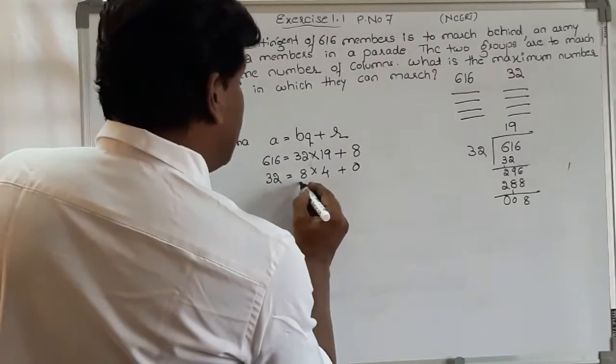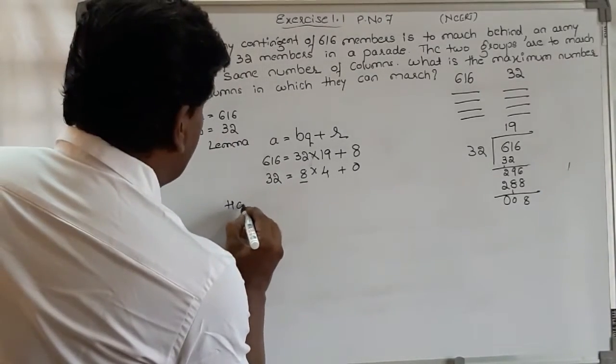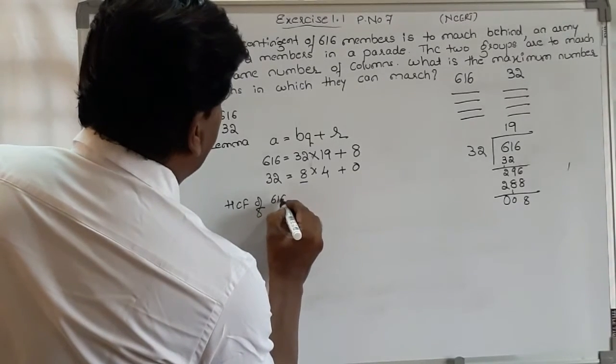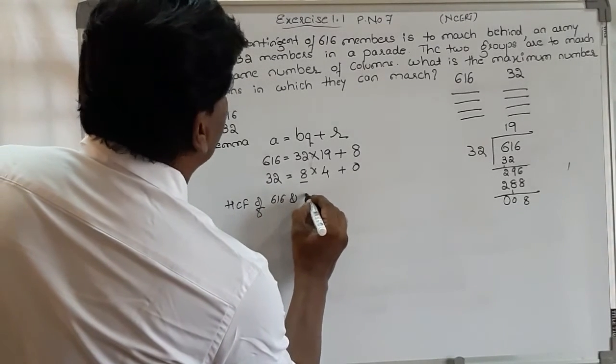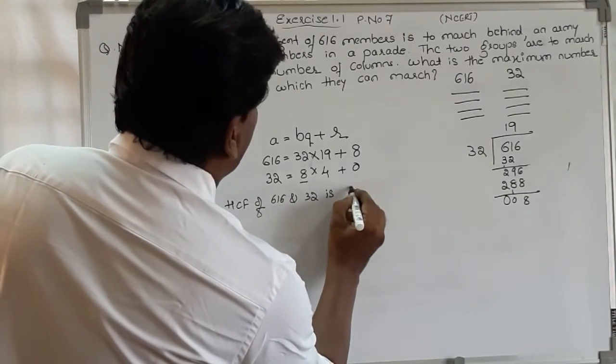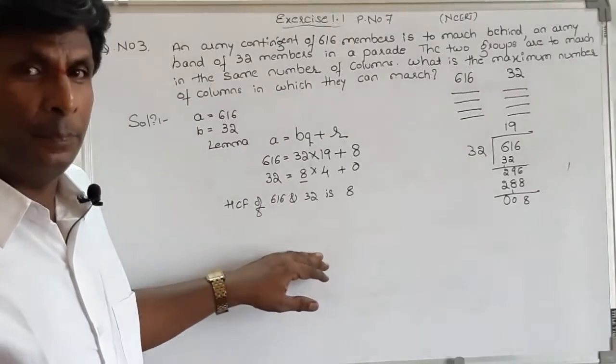Then our HCF is 8. So the conclusion is that the HCF of 616 and 32 is 8. But it is not the complete answer, friends.